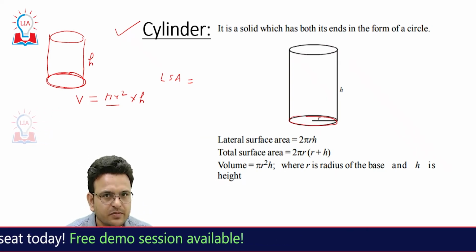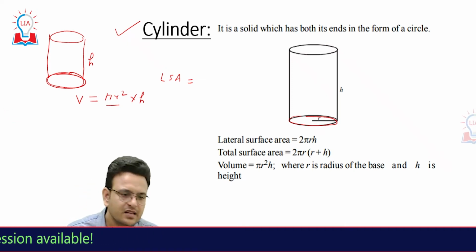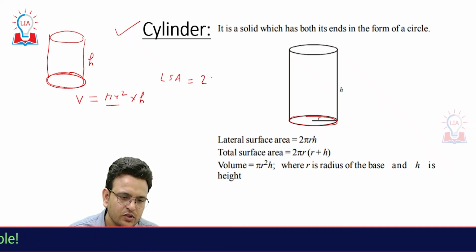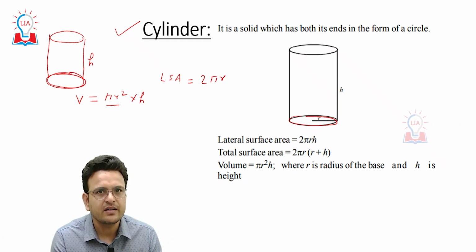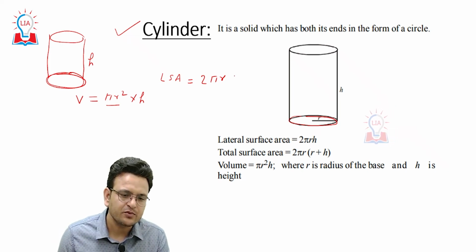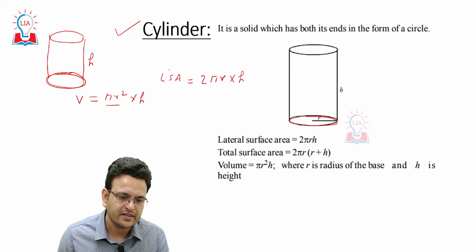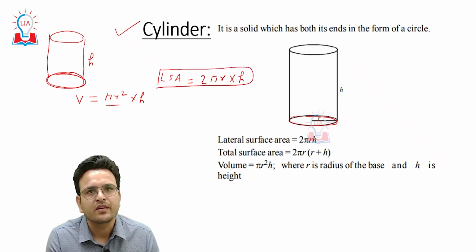The base of the cylinder is a circle, and the circumference will be 2 pi r. Circumference is nothing but the length of the base of the cylinder, and we multiply by h. It becomes the lateral surface area of the cylinder.